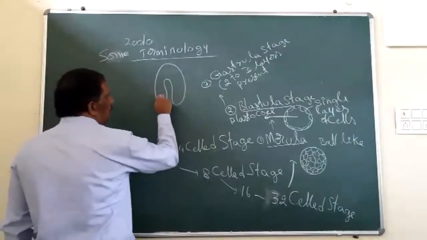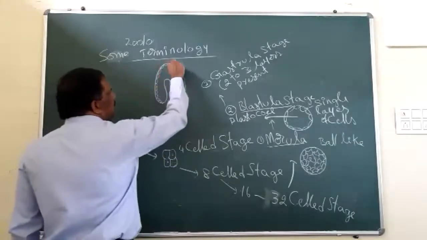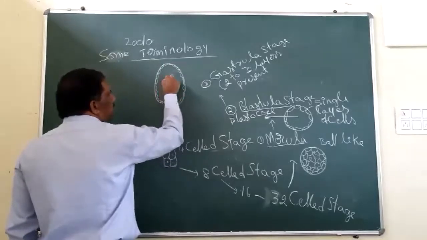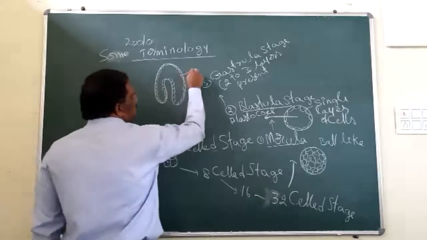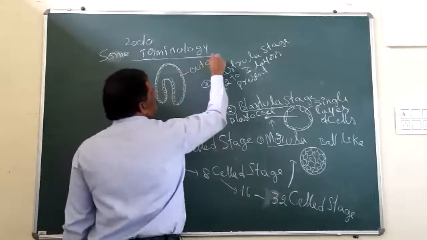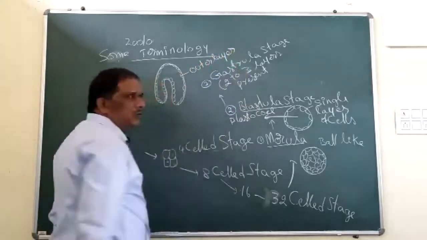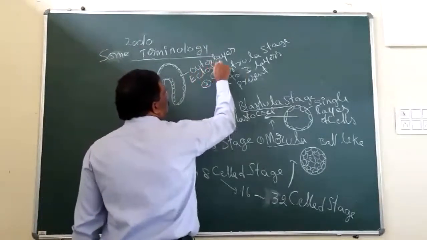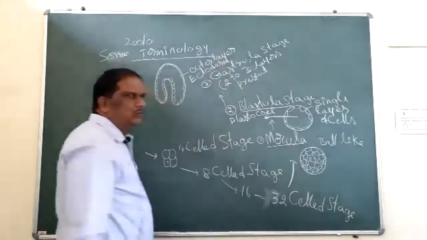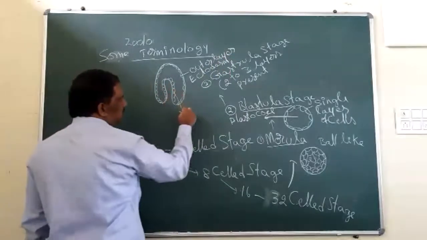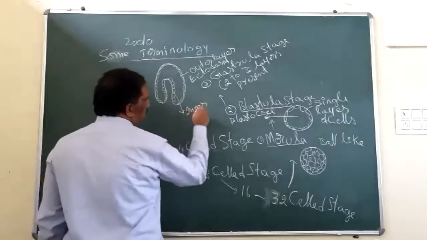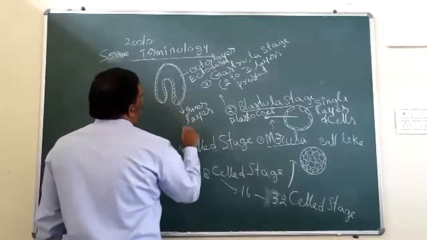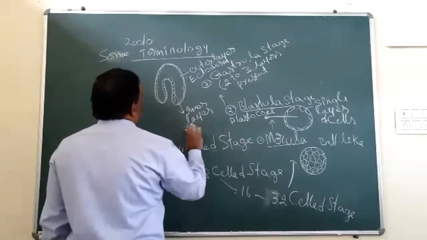Here, this is the outer ectoderm, the inner endoderm. This is the outer layer, ectoderm, and this is the inner layer, or endoderm.